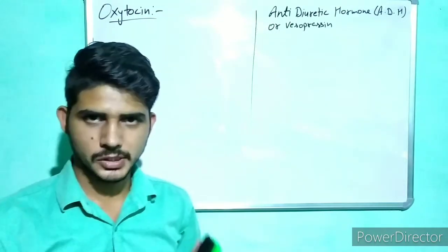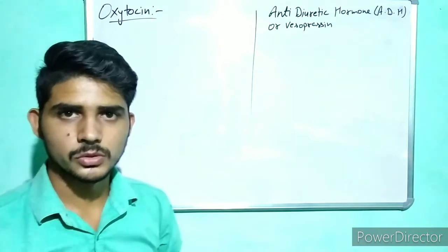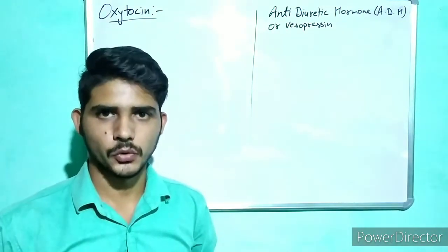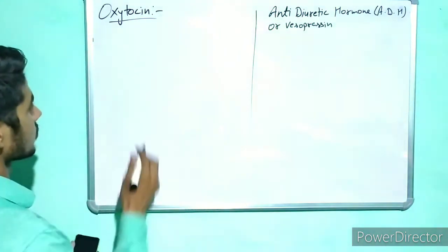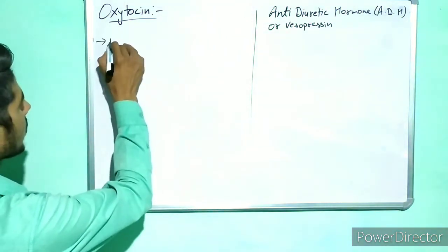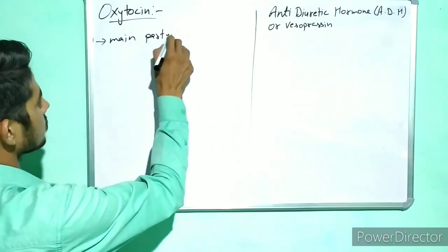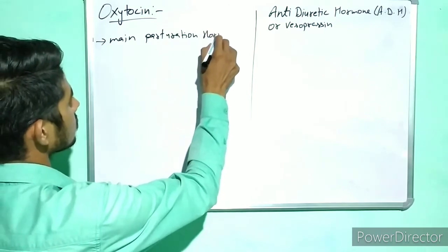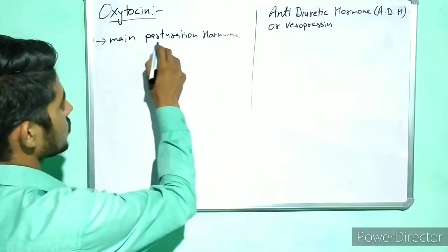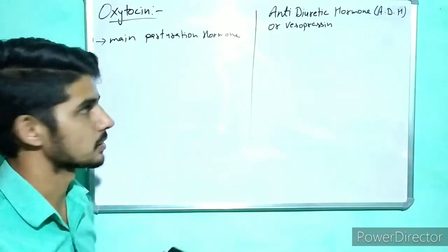And now oxytocin and anti-diuretic hormone. Both hormones are secreted by the pars nervosa lobe of the posterior pituitary. Oxytocin is the main parturition hormone. Parturition means the expulsion of the baby after the pregnancy.